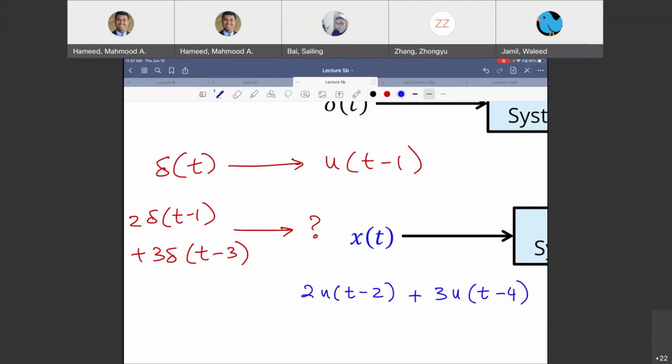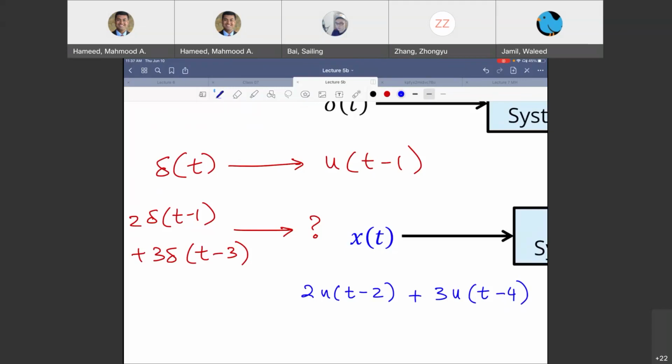Alpha 1 delta of t minus t1, alpha 2 delta of t minus t2, and so on. Why is this necessary? On your homeworks, you will see some problems can easily be solved by breaking up the input into smaller inputs and then evaluating the output for this one plus this one plus this one, essentially using superposition to find the output.